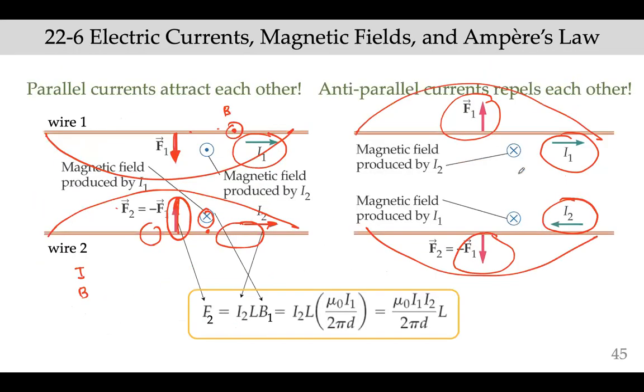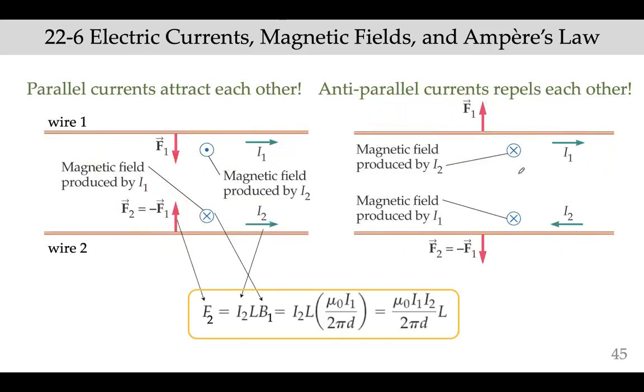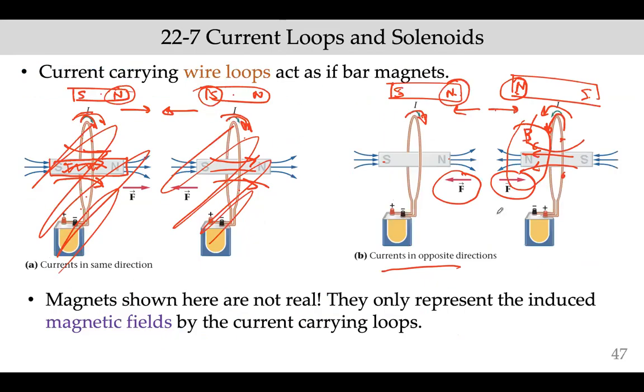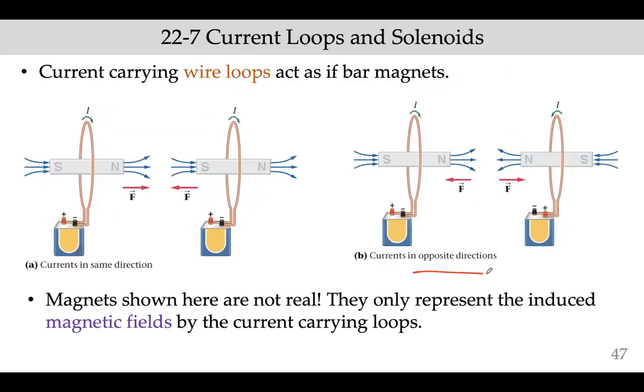That was actually the case also when you have parallel wires. If the currents are in opposite directions, then you get repulsion. They will repel each other. The same thing with the loops. When the currents are in opposite directions, they repel each other.